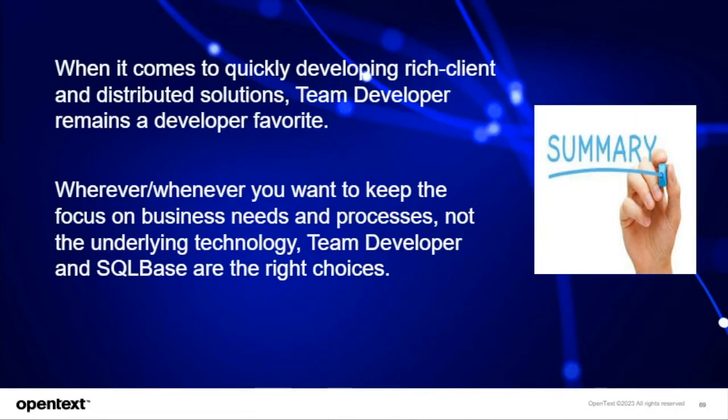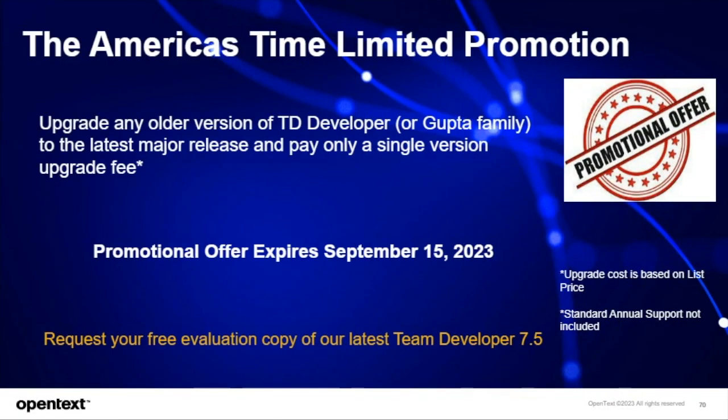OpenText Gupta continues to have a loyal customer base, and we continue to be essentially a developer's choice. That said, we have many customers, many developers that are on old versions of 5 and 6, and even 7.0, which came out in 2016. The current release is version 7.5, which was released this year.